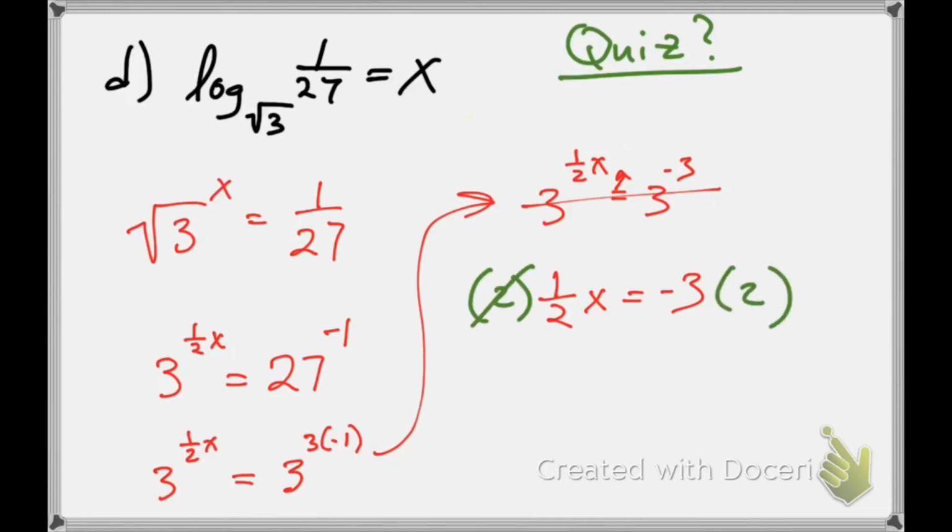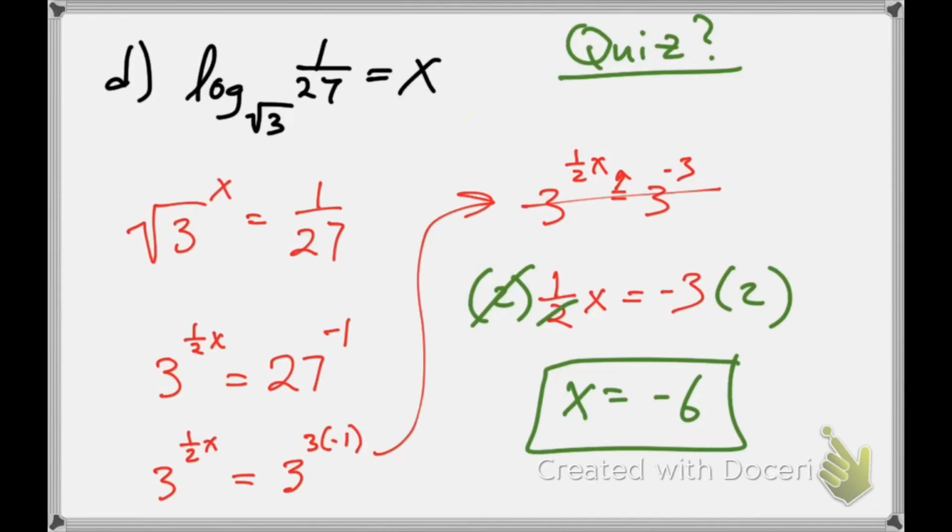What I do to one side, I do to the other. Those 2's cancel out, and I get x equals negative 6. And that is my answer. Now this one, I do see a lot of people mess up, but make sure you know how to do this one. Hint, hint, because you will see something like this on the quiz or test.